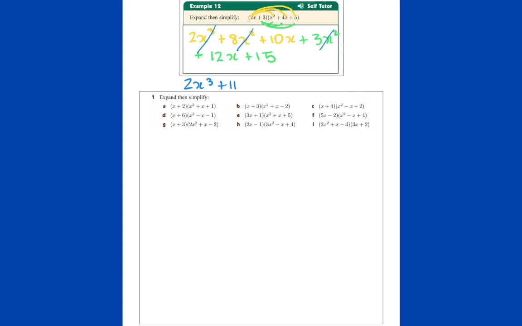So our squares, 22x and 15. Let's do one more of these.